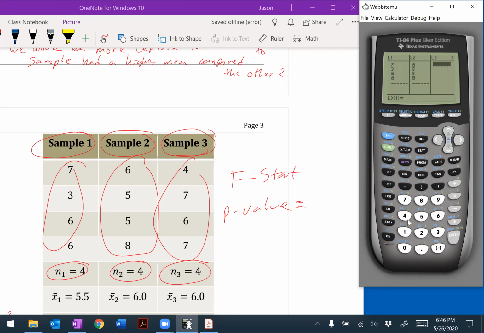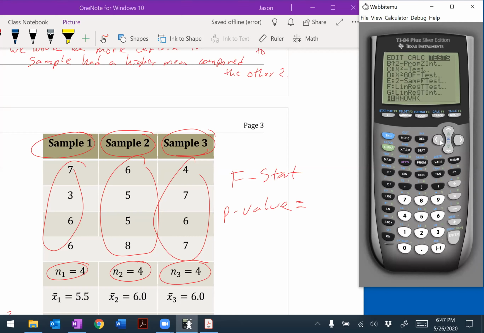List 3 is 4, 7, 6, 7. Okay, I'm going to quit out of that. I don't even do second, just hit stat. Just hit stat, and we're going to go to tests. And I'm going to actually arrow up this time because ANOVA is the very last one.